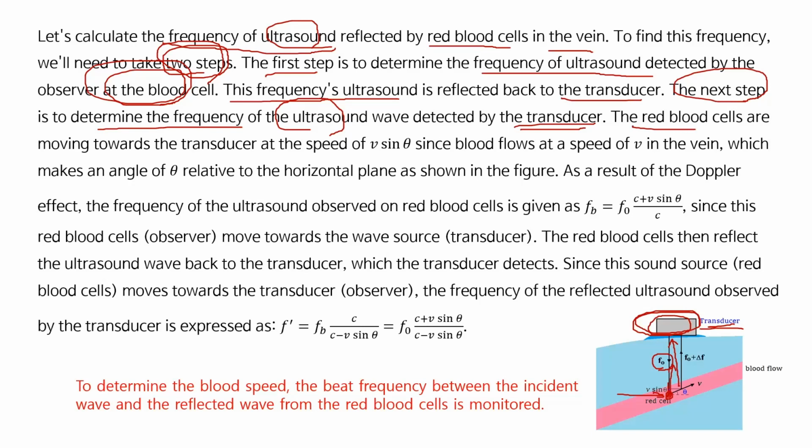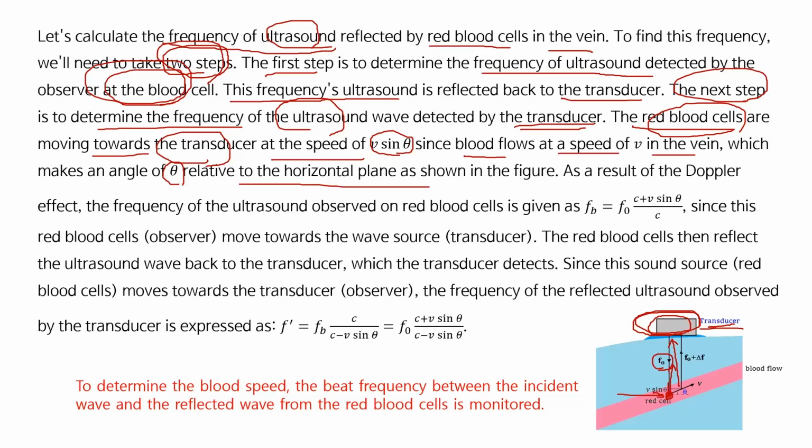Red blood cells are moving towards the transducer at a speed of v sin theta, since blood flows at speed v in the vein, which makes an angle of theta relative to the horizontal plane as shown in the figure.